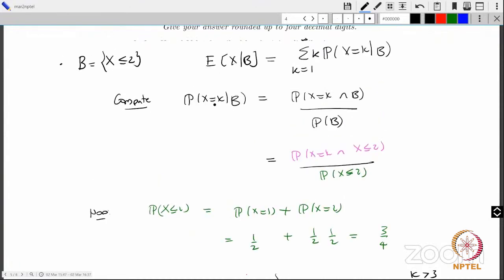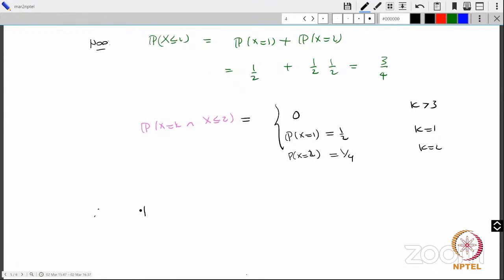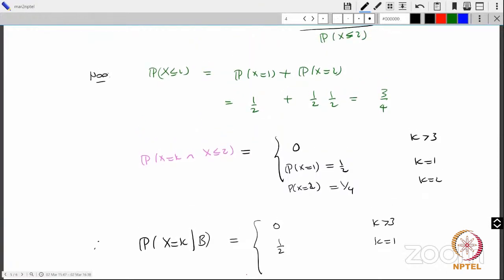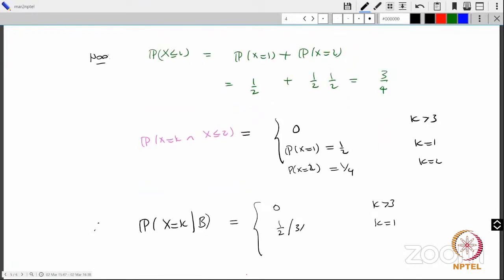So you go back up here, the probability x equal to k given B is equal to this quantity right here. So therefore, the conditional law is 0 if k is bigger than 3, right? Is half when k is equal to 1. Something is wrong here. What mistake have I made? Let's just check. Yeah. So half by 3/4 if k is equal to 1.